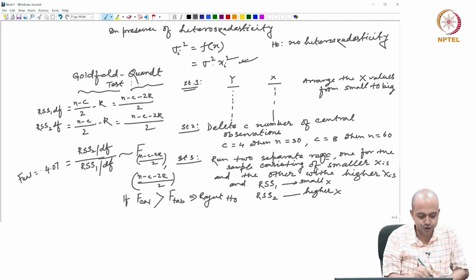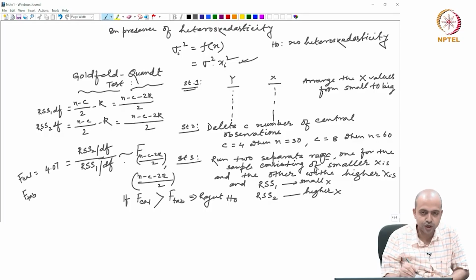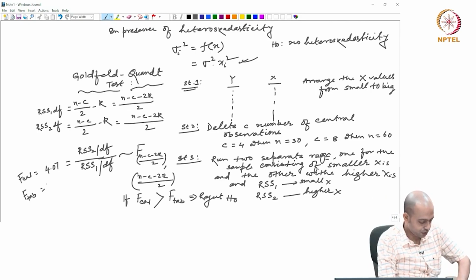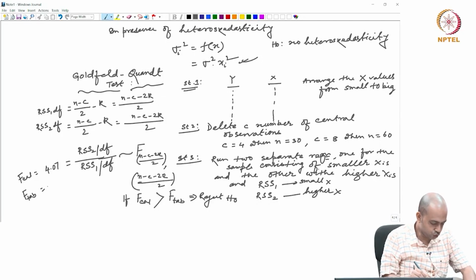This is F calculated, equal to 4.07. You now have to find out F tabulated at the 1% and 5% levels of significance with 11 and 11 degrees of freedom. If you go to your F table, you will see that it is 2.82 at 5% and 4.46 at 1%.